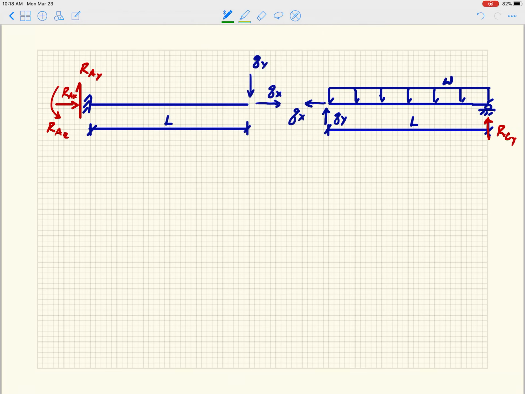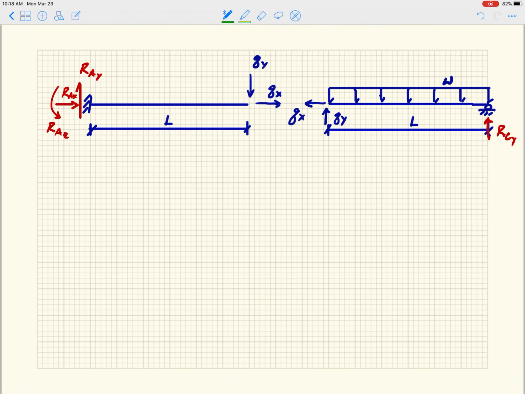Then when I'm done solving for QX and QY, I can dump them in over here and solve for RAY, RAX, and RAZ. That's exactly how these problems are solved. We first break it up, then we choose the side of the structure to address. Once we've broken it up, equilibrium has to apply to both sides of the structure. So actually we have 6 equilibrium equations here, and if you count up the unknowns, we have 6.